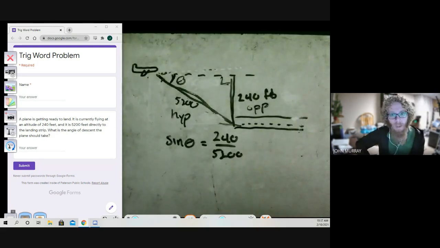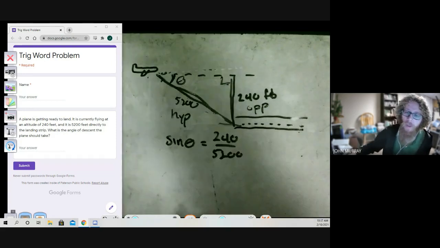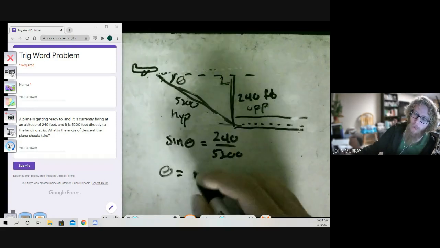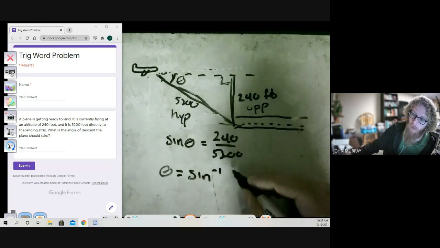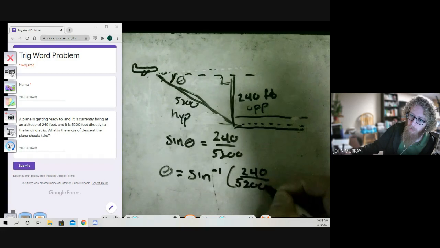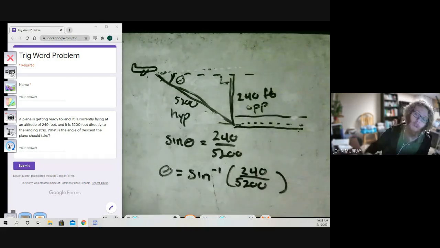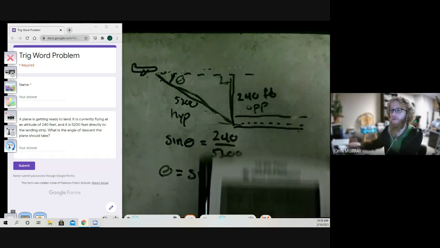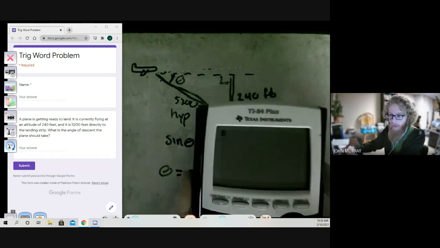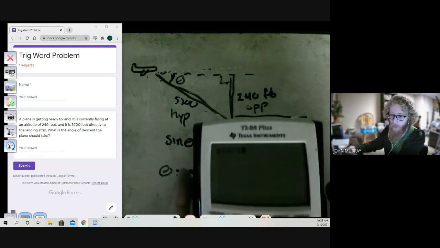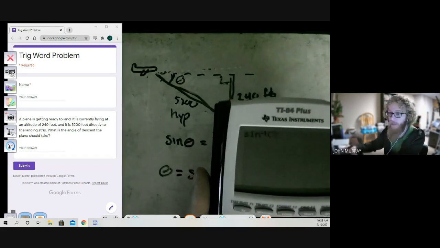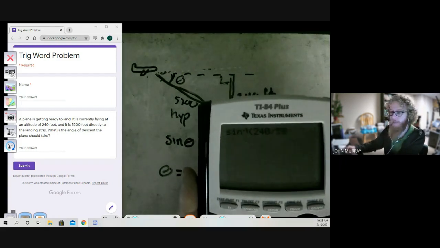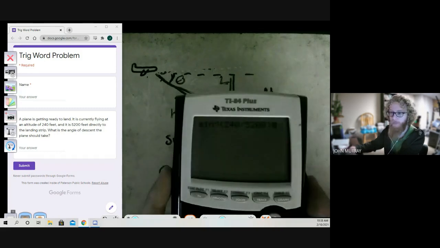All right, so we have the normal trig relation. Sine of theta is 240 over 5,200. To solve, or you could have written this right away, we can solve theta by finding the inverse sine of 240 over 5,200. Oh, my batteries are dying. So I'm just going to plug that in as we see it. 240 divided by 5,200.